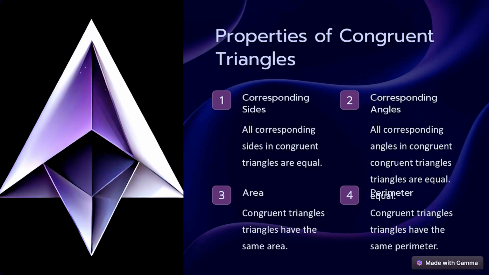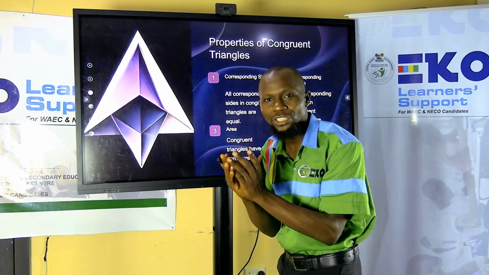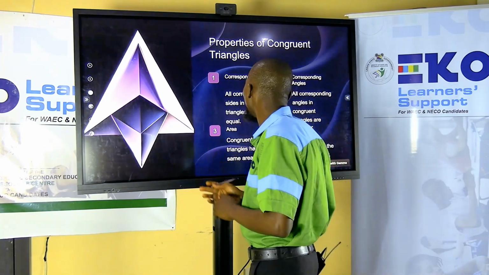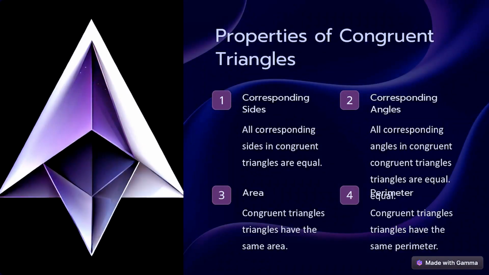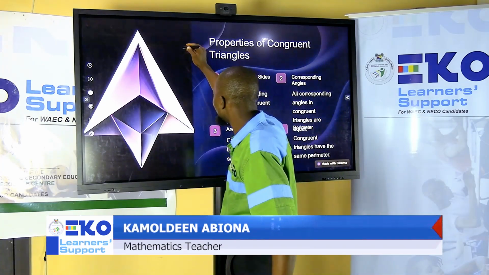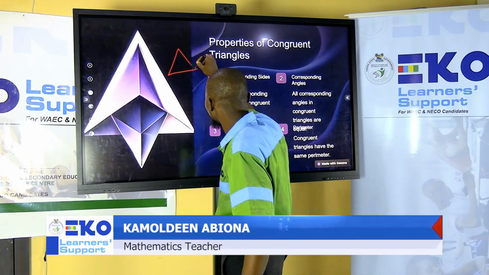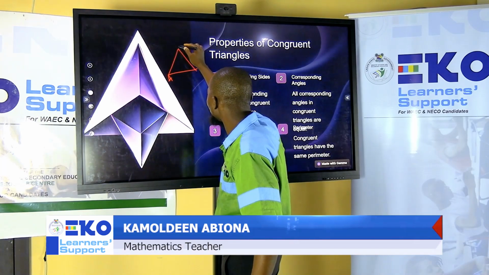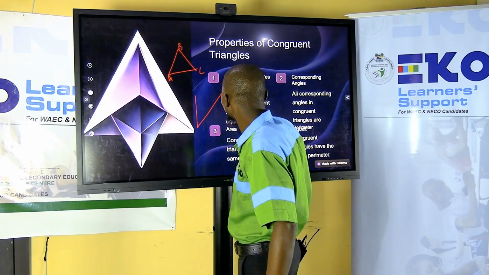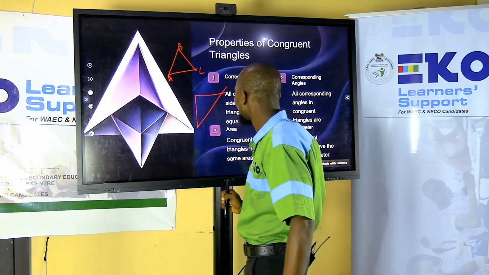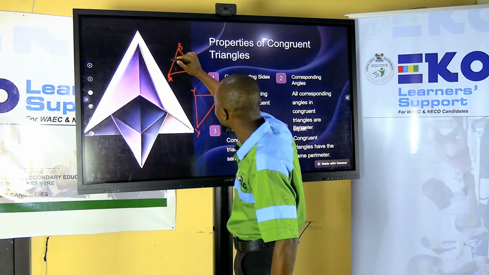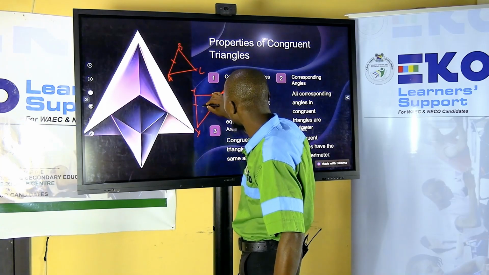We have been told earlier, congruent triangles mean both the sides, the shape, are equal and the angles are equal. So all corresponding sides in congruent triangles are equal. In this case, they are the same. I can have this A, B, C. I realize I have another one here, which should be of the same size, X, Y, Z, where we realize that this and this are equal.